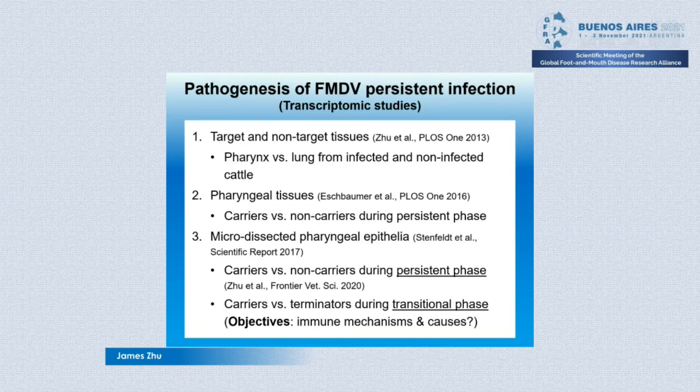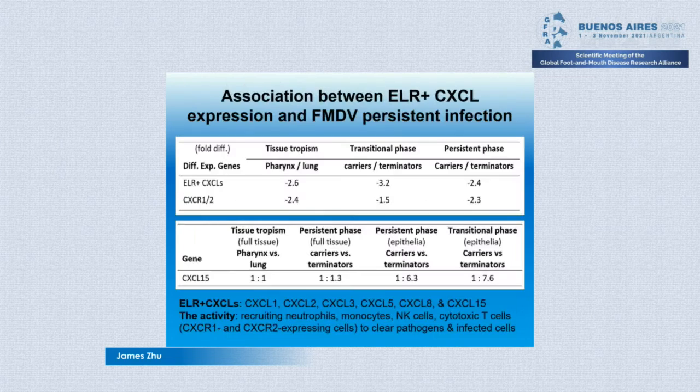The objectives of this study are to infer mechanisms involved in the establishment of persistent infection and to hypothesize the causes based on the data collected during the transitional phase. Down-regulated expression of a group of chemokines called ELR plus CXCLs was found to be associated with FMD persistent infection in our study.